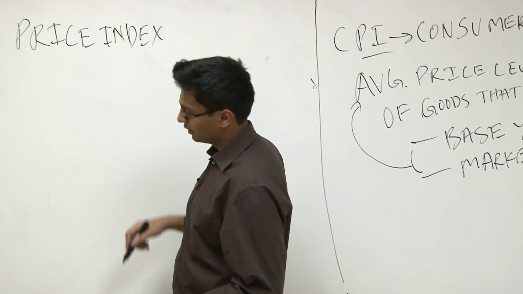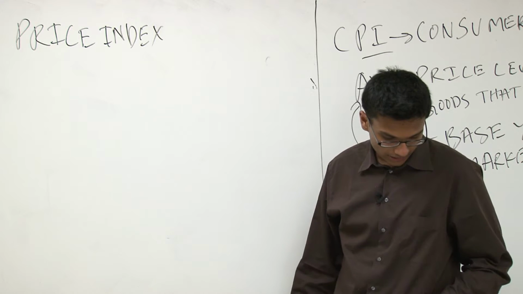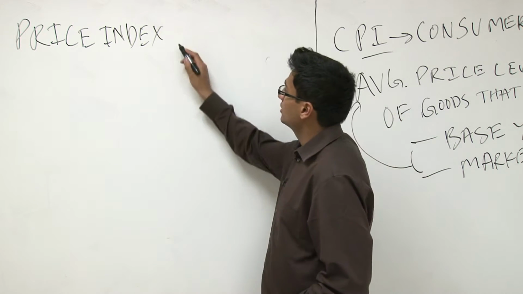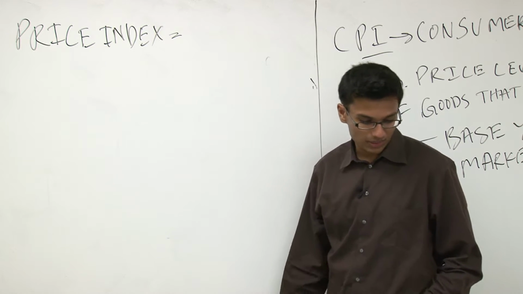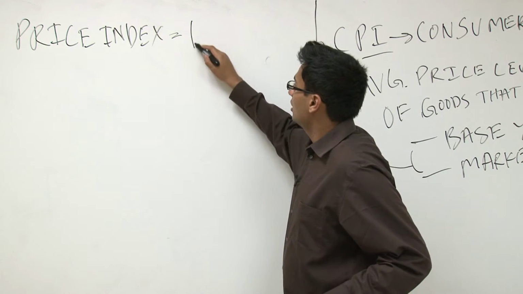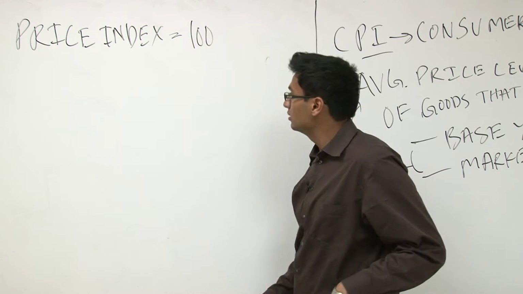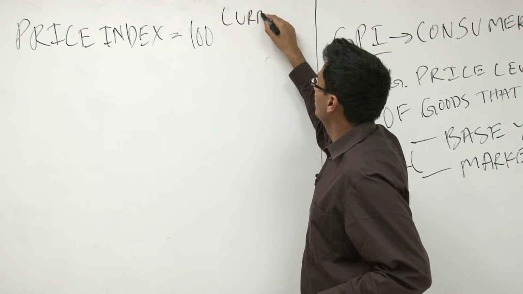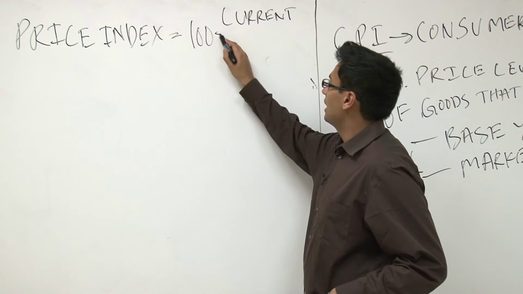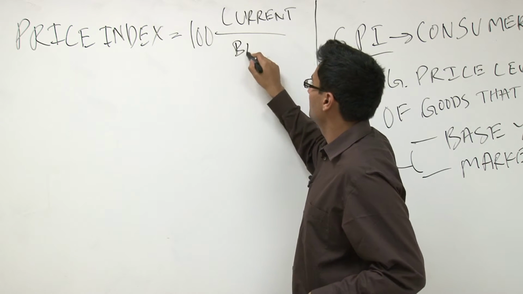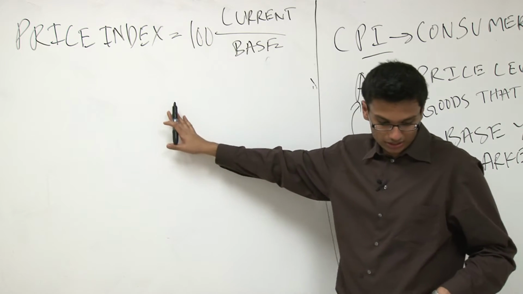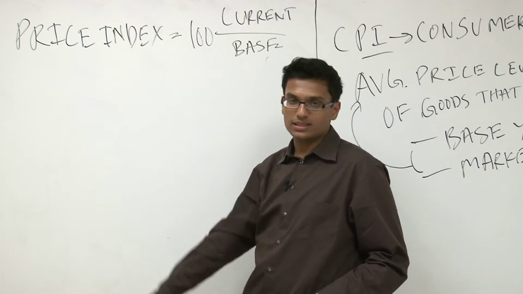Let's talk about the current year, and let's say the current year is 2010. So how much you've spent in the current year, over how much you've spent in the base year. Spending in the current year over spending in the base year times 100 will give us the price index.